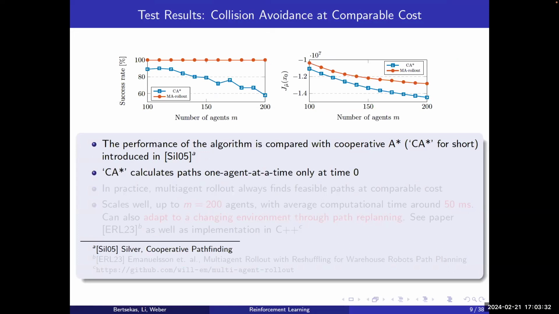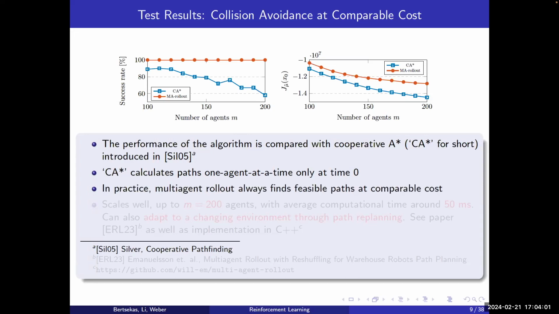In principle, cooperative A star basically computes one agent at a time as well, but it computes the entire path in a sequential manner and only at time 0. On the contrary, multi-agent rollout, as I mentioned earlier, performs the calculation at every stage.